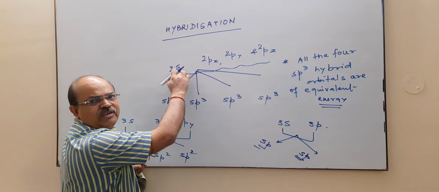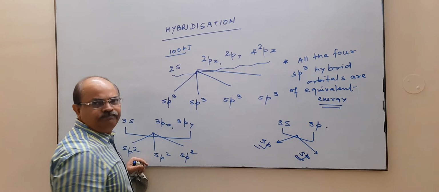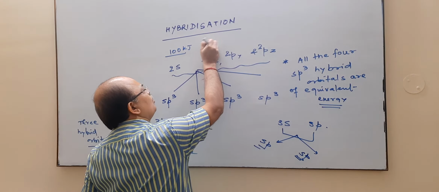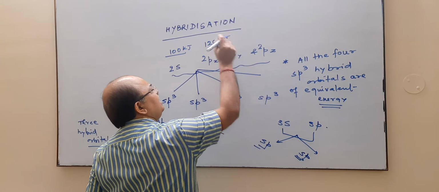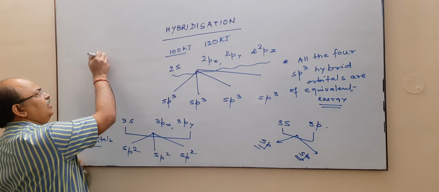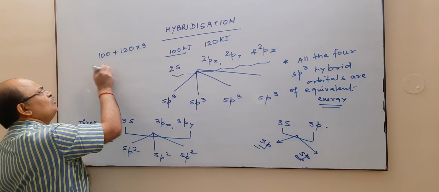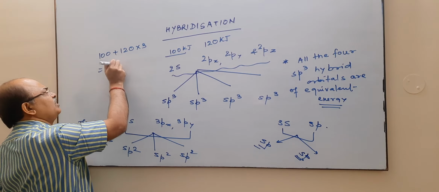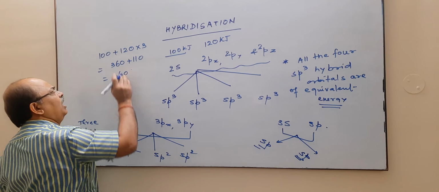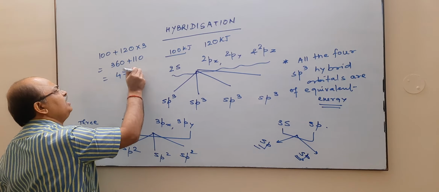Suppose pure 2s atomic orbital has energy of 100 kilojoule. Suppose this 2px is 120 kilojoule. Again, it has 120. It has 120. If you sum up all the energy, it is 100 plus 120 into 3. तो ये हो गया कितना? 360 plus 110, that is 470 kilojoule.